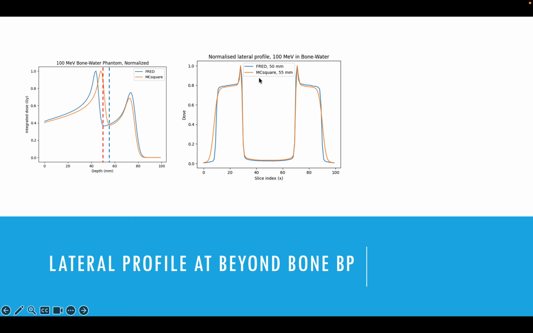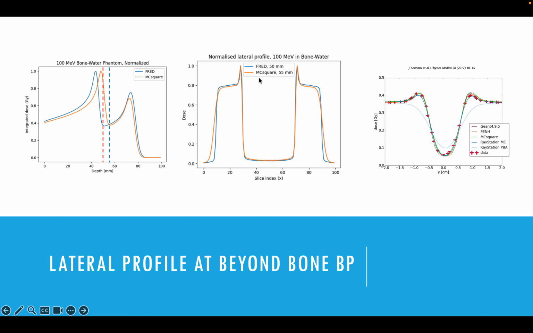But I was able to reproduce the Jefferson paper's study, showing this two-hump structure in my study, which was quite a breakthrough for my thesis. Yeah, that was all.